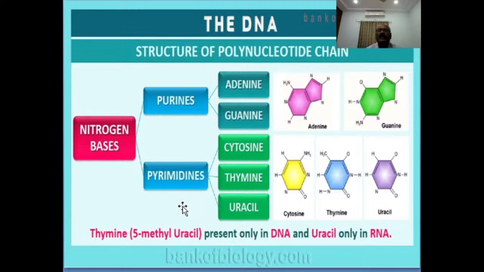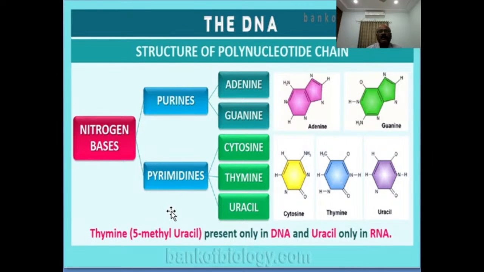Single ringed nitrogen bases are called pyrimidines. In nucleic acids, purines are 2 types: adenine, guanine. Whereas pyrimidines are 3 types: cytosine, thymine, uracil. So, in nucleic acids, total types of nitrogen bases are 5: adenine, guanine, cytosine, thymine, and uracil.